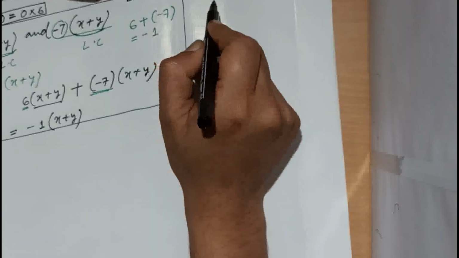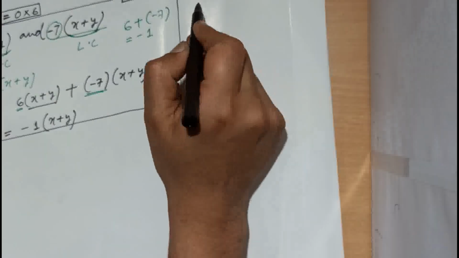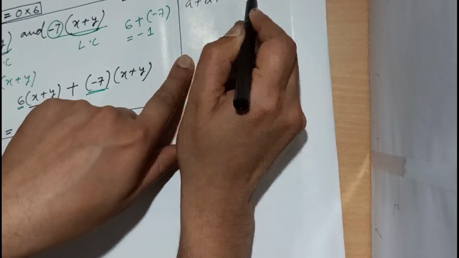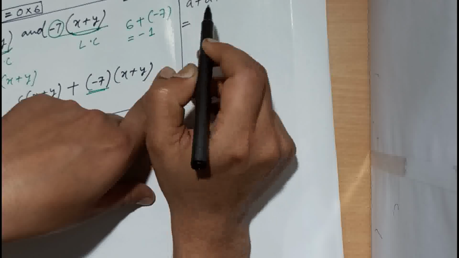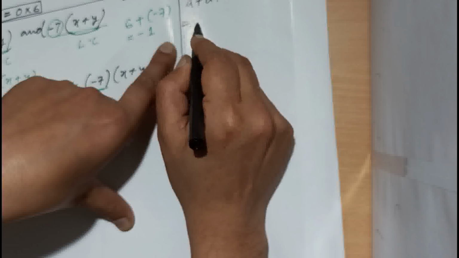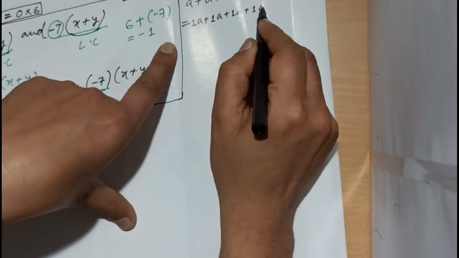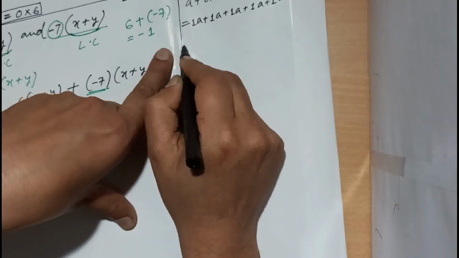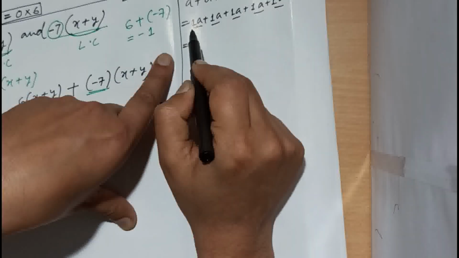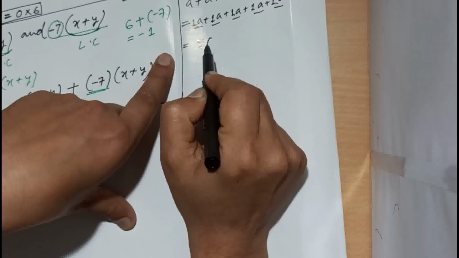Say a plus a plus a plus a plus a. So I already told that if there is no numerical coefficient, then it should be understood as 1. So this can be written as 1a plus 1a plus 1a plus 1a plus 1a. Now since all are like terms, we need to only add the numbers 1, 2, 3, 4, 5. That is, the answer is 5 and then a.